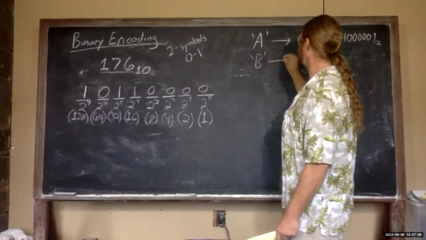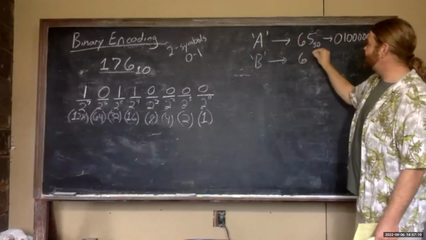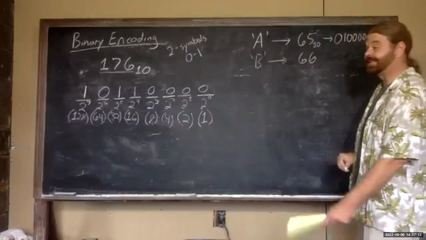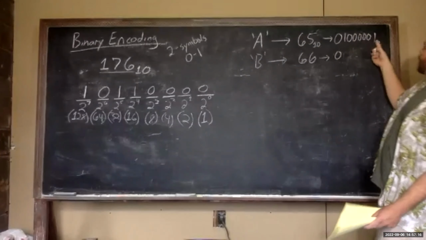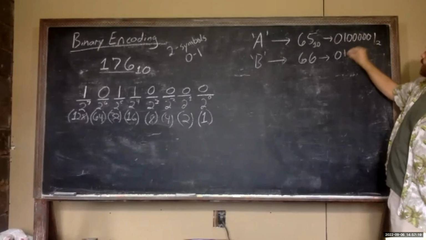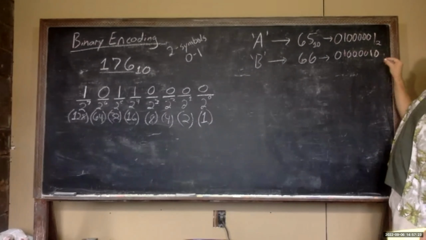Capital B, well, if A was 65, it would make a lot of sense to say B is 66, right? Which in binary is one more than this, so it would look like that in binary.